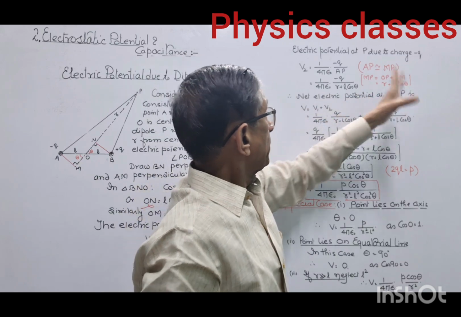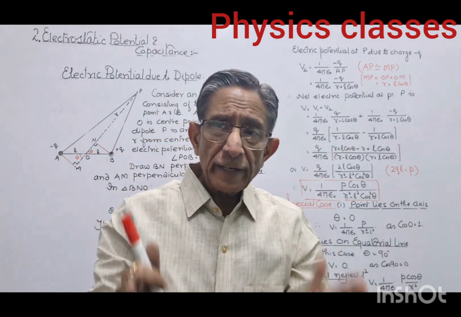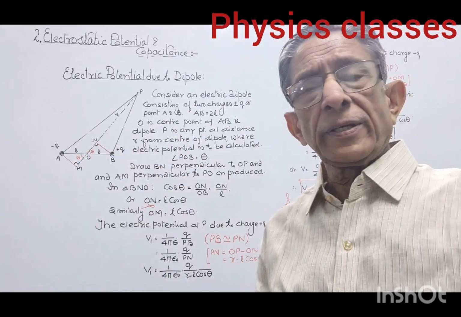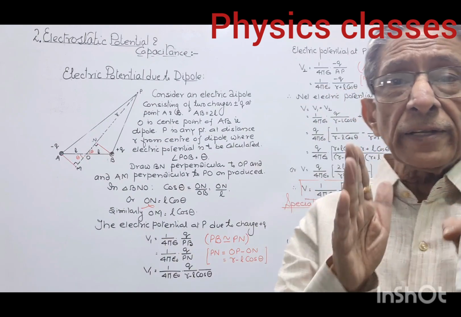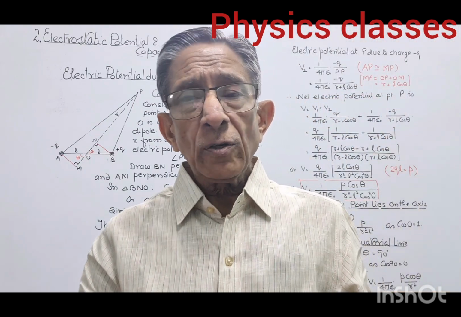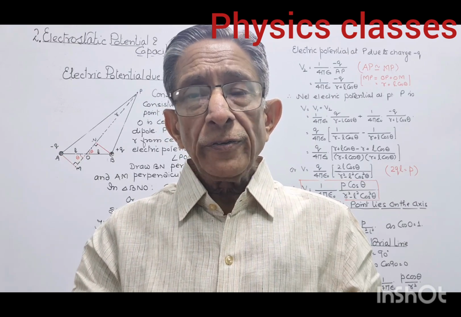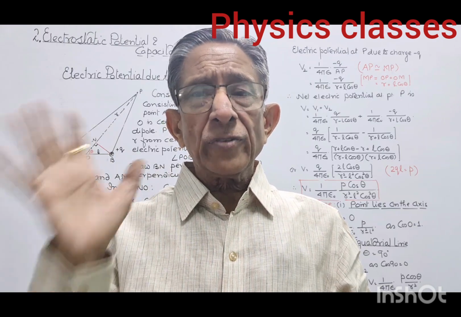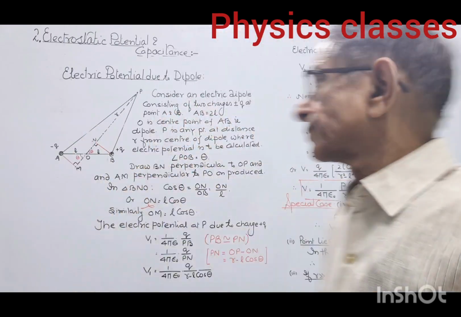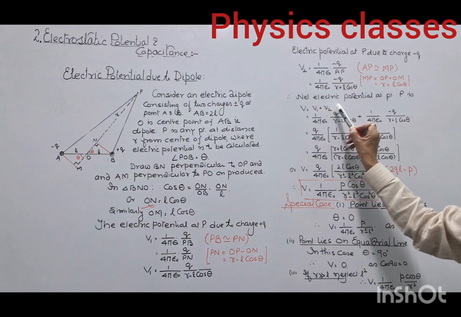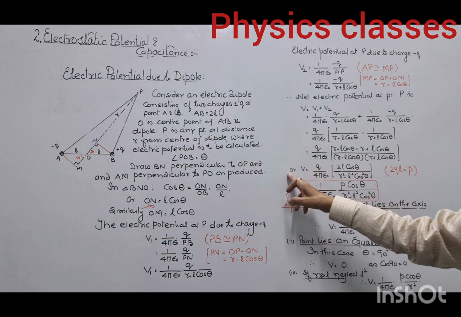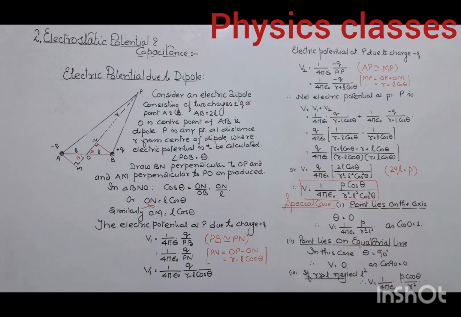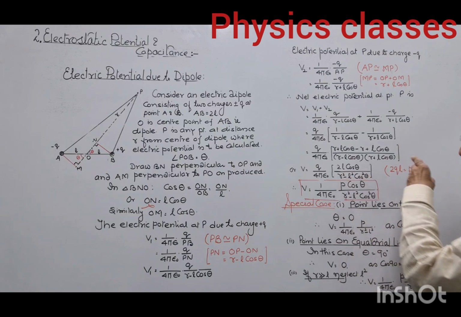Net electric potential at point P. I have calculated electric potential at point P due to the charge at point A and due to the charge at point B. To calculate the net electric potential at the point P, what shall we do? We shall add them, because electric potential is a scalar quantity. So we shall simply take the algebraic sum of V1 and V2. You will find the resultant comes out q upon 4 pi epsilon naught, 2l cos theta upon r square minus l square cos square theta.